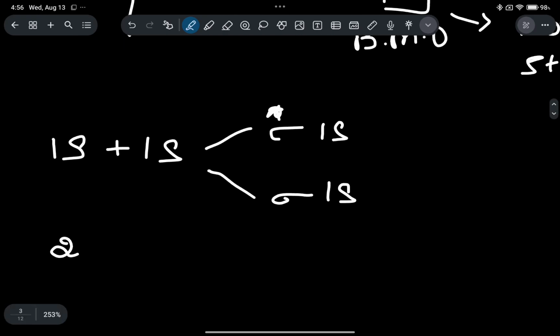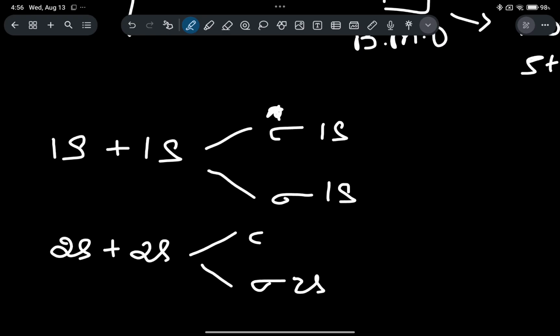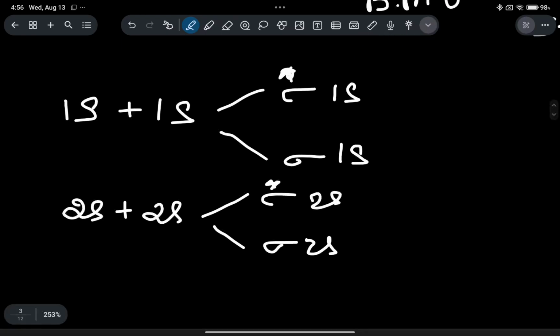And 2s plus 2s gives sigma 2s, sigma star 2s.